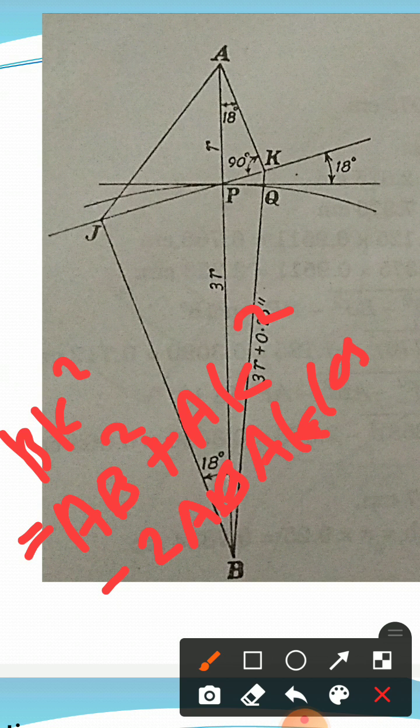The angle included between these two lines is 18 degrees, so cos of 18 degree.